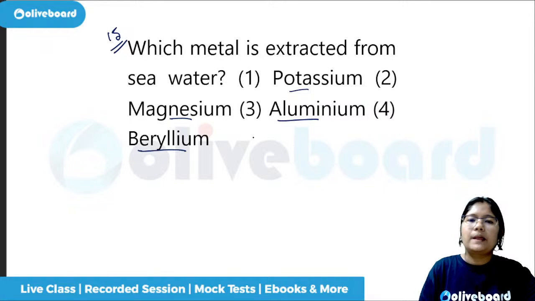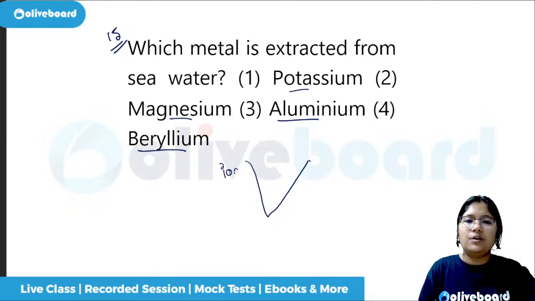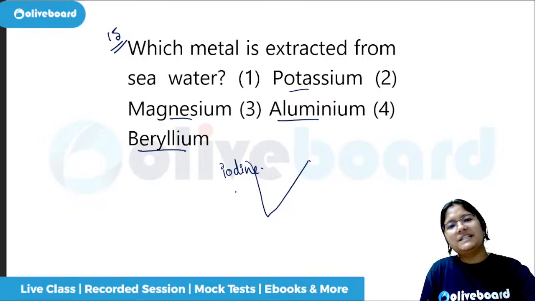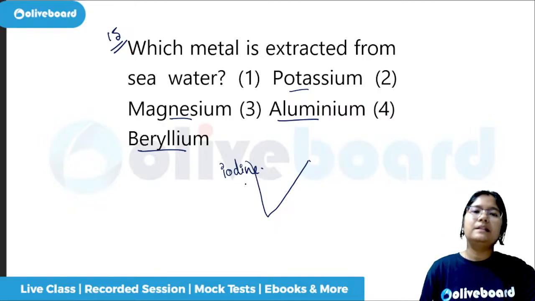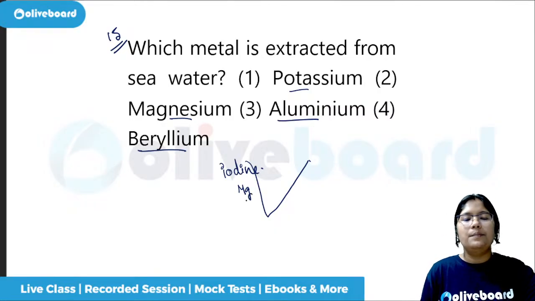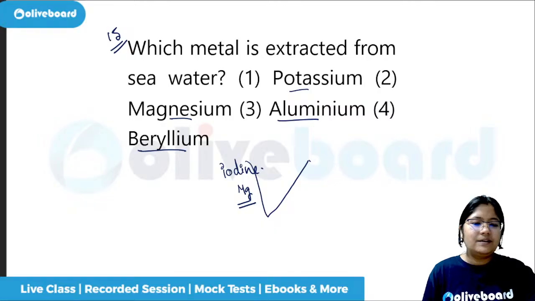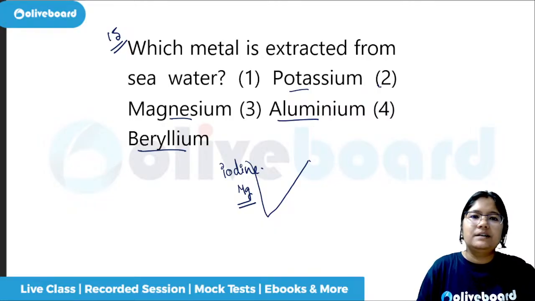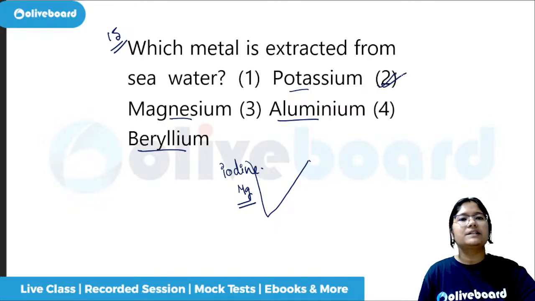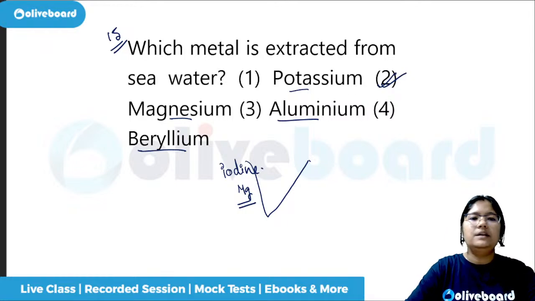I'll give you a hint: those people who live along the coastline will not have iodine deficiency, and even if you are eating seafood, they will not have magnesium deficiency in their body. So what will be the answer? Yes, magnesium is the correct answer. Magnesium is extracted from sea water.